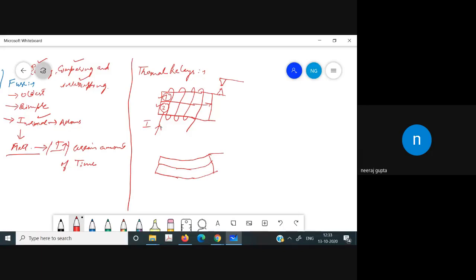Because of the heat produced, the trip contact is operated. So this is the main principle.